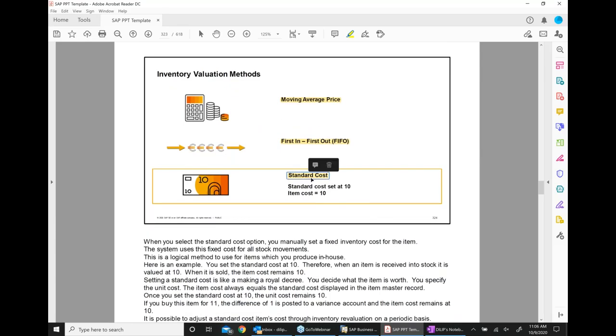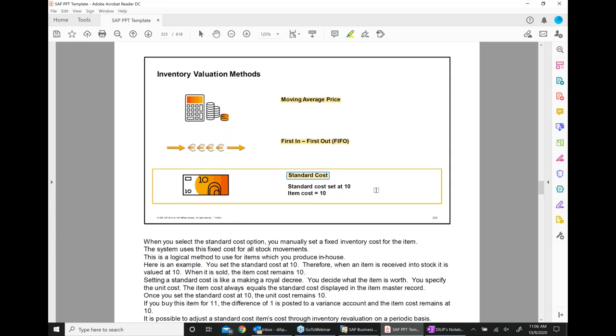Then in case of a standard cost, as I described already, a standard cost does not change. A standard cost remains the same. You set up a cost for an item, and whatever cost we set up, that cost remains constant. We say 10 rupees per piece is a fixed cost, it's a standard cost, and this 10 remains.